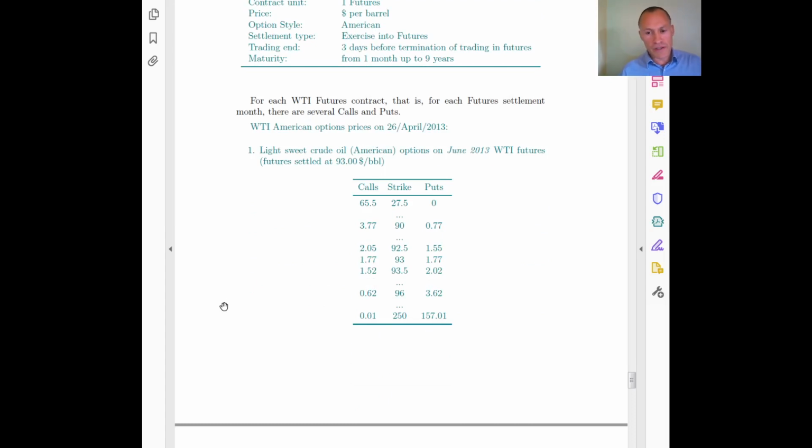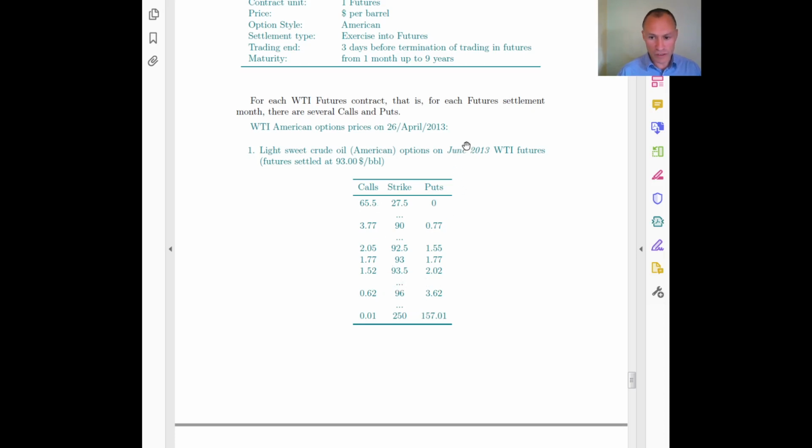So just to make things clear, for each futures contract, you have a whole different bunch of options. So for example, on this specific date, 26th of April 2013, you have a curve of futures that start in June and extend out. But starting with the June futures, for this initial futures, you can have a whole range of options.